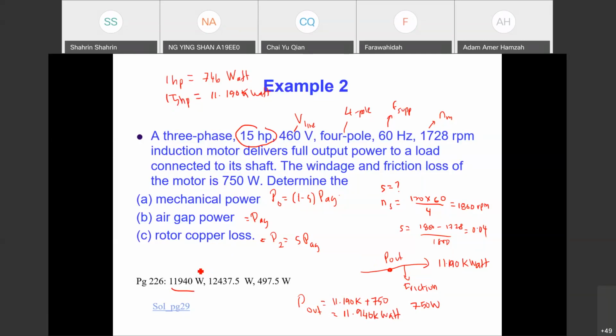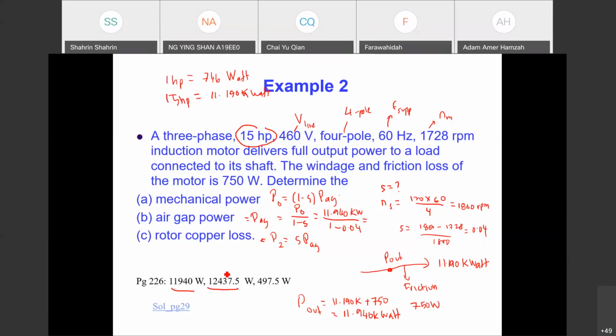From that, we can get your power air gap, which is P out over 1 minus S. So 11.940 kilowatt over 1 minus 0.04, which is 12.437 kilowatt.